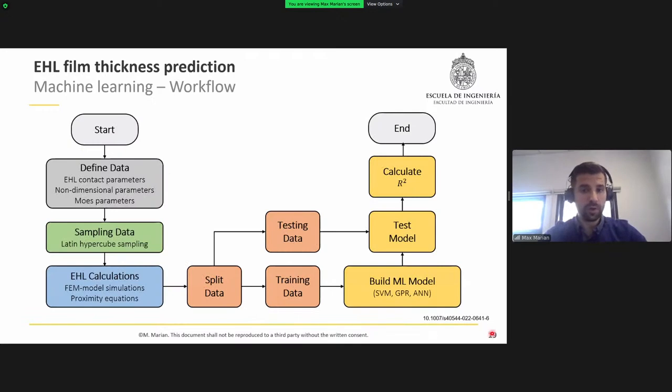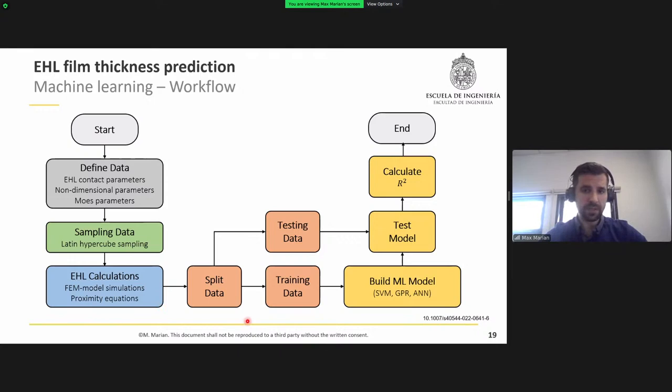So our overall approach is illustrated on this slide. At first, we define the data we need, including the original inputs and the non-dimensional parameters, and subsequently we constructed a design of experiments based upon a Latin hypercube sampling, and calculated all the trial points that we sampled by a finite element method-based EHL model, and also used proximity equations to predict the integral film parameters.